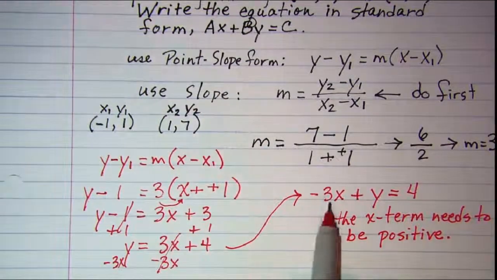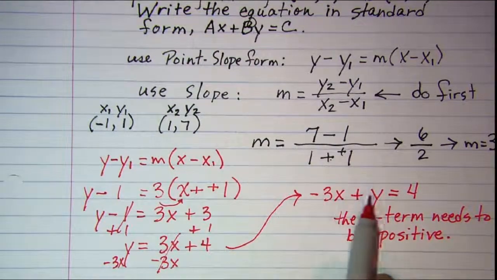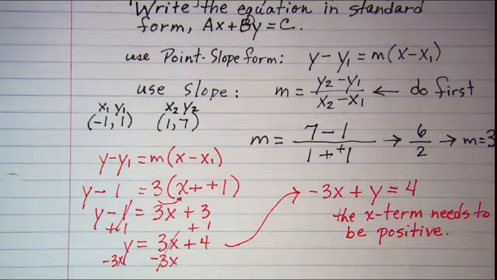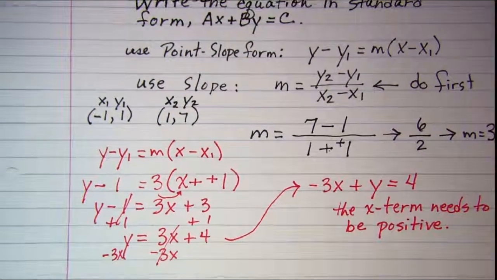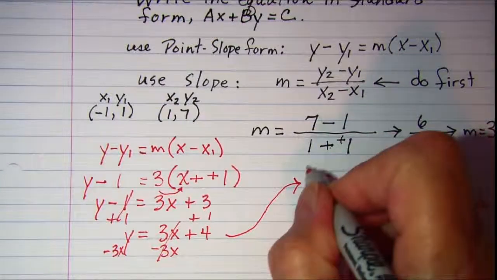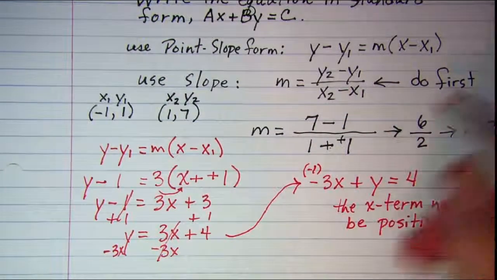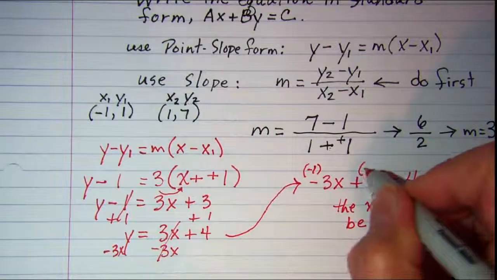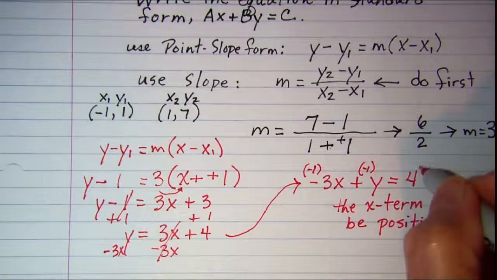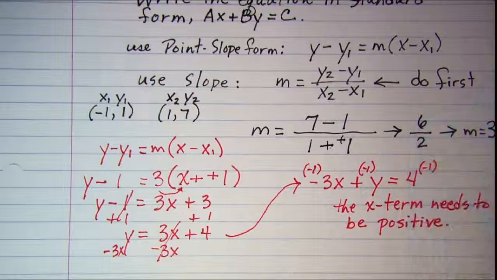So if we run through all of the terms with a negative, we should be good to go. So we'll multiply this term by -1, or divide by -1, either one, doesn't matter. Multiply by -1 and multiply by -1.